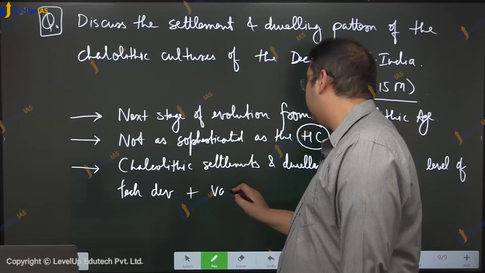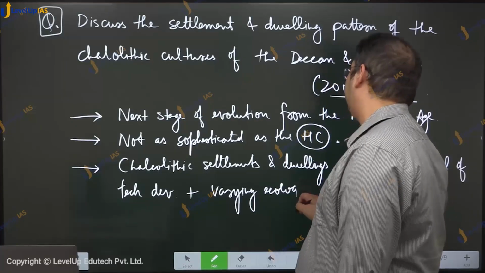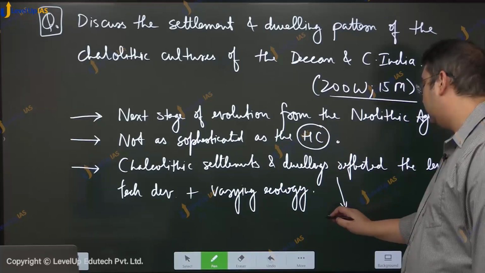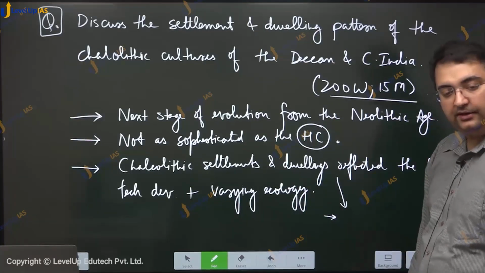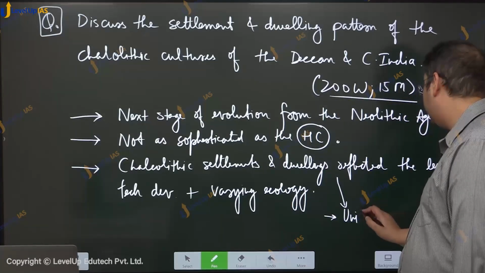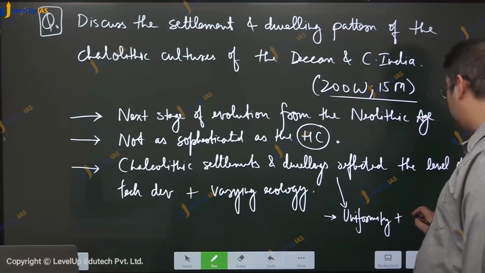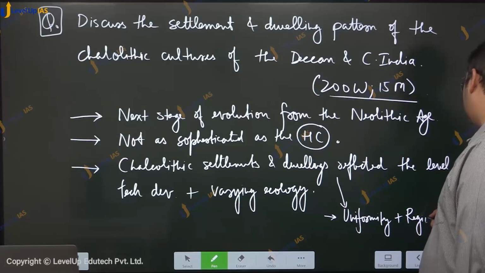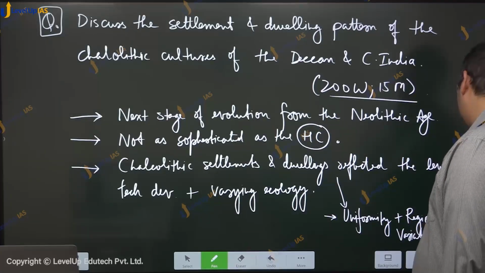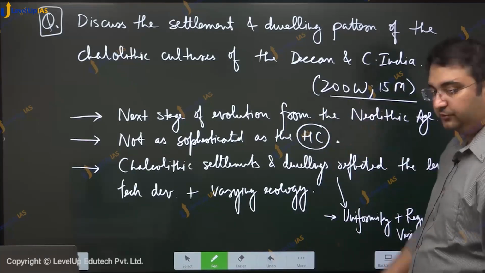The varying ecology. As a result, what are we going to find? Both uniformity as well as regional variations in the settlement and dwelling pattern, right? सबसे पहले इसको लिख लीजिए.